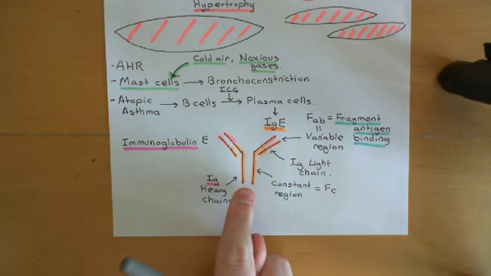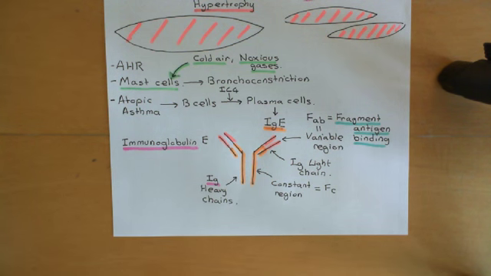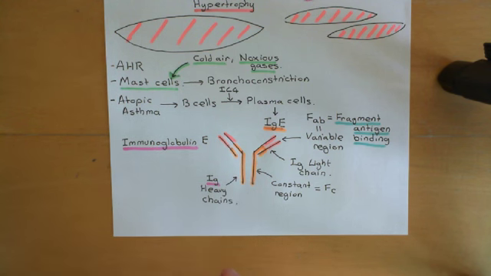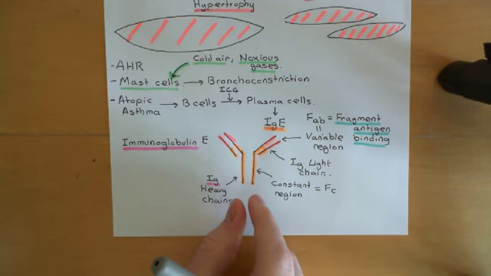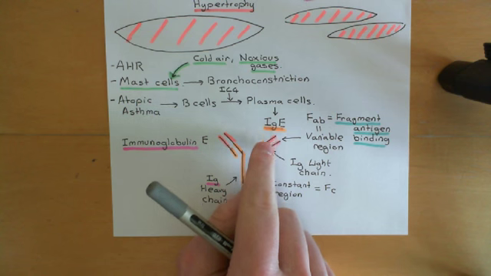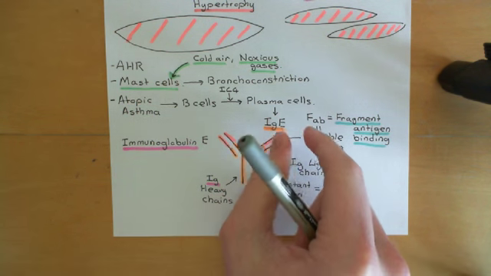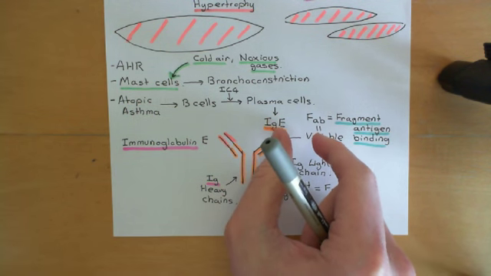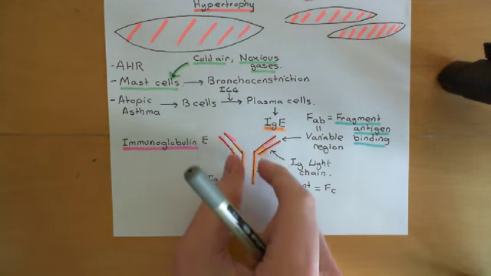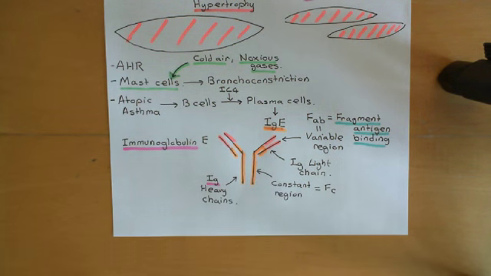The constant region then, it actually has a choice which one it wants to use. There are many different constant regions it can use, and these different constant regions will have different structures and they can interact with other things. So once the variable region is actually bound to your antigen, what does the immunoglobulin molecule actually do? Well, that will depend on what this constant region here is.